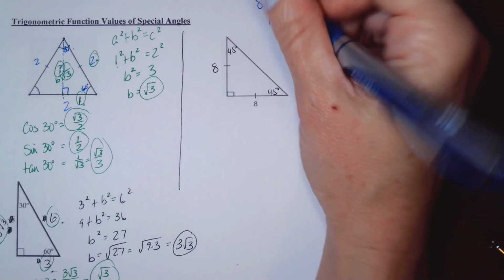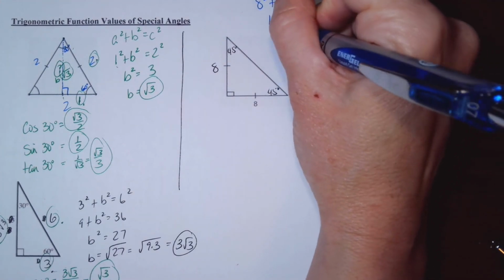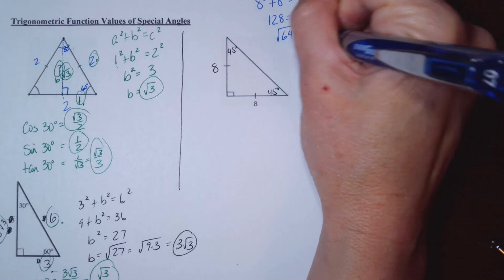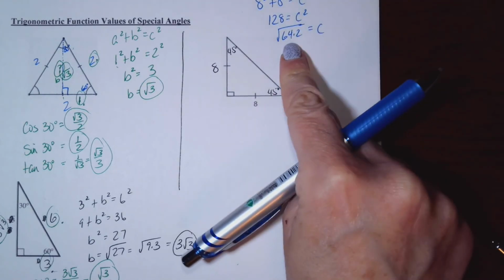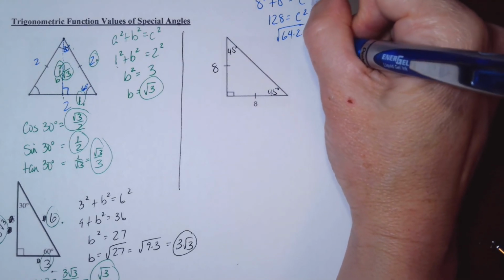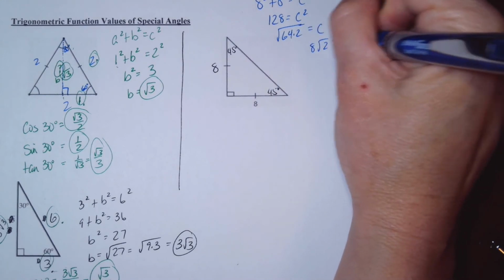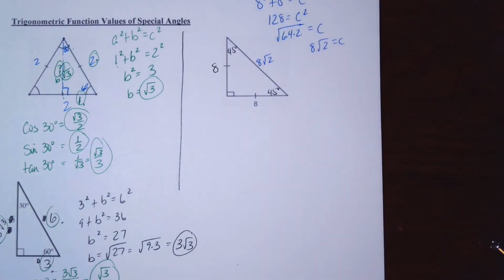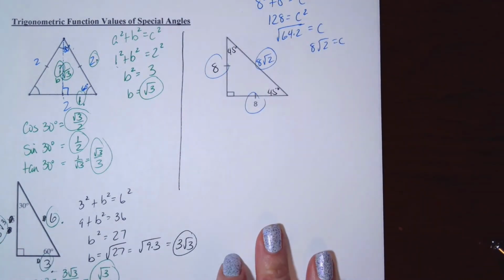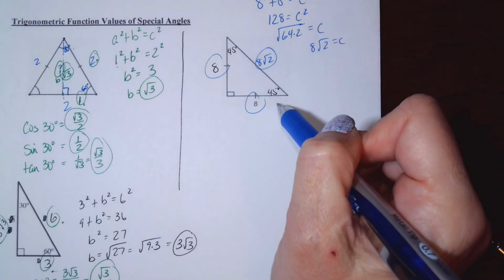So c is going to be the square root of, well, 128 was 64 times 2, right? And the square root of 64 is 8. So c is going to be 8 square roots of 2. 8 square root 2, that's my value for c. So there are my values for this isosceles triangle.